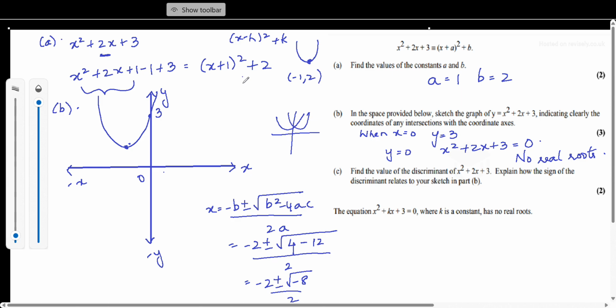Now, part C says find the value of the discriminant. The discriminant D is nothing but b squared minus 4ac, which was inside the bracket. We've already found it to be minus 8.